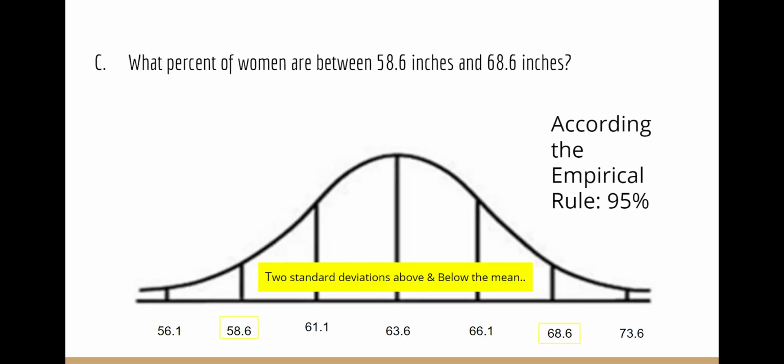According to the empirical rule, that's about 95% of our data. There's 95% of women between 58.6 inches and 68.6 inches. If that number didn't automatically click for you, I went ahead and put the percentages underneath our bell-shaped curve. You can add all of those up together and you get 95%.